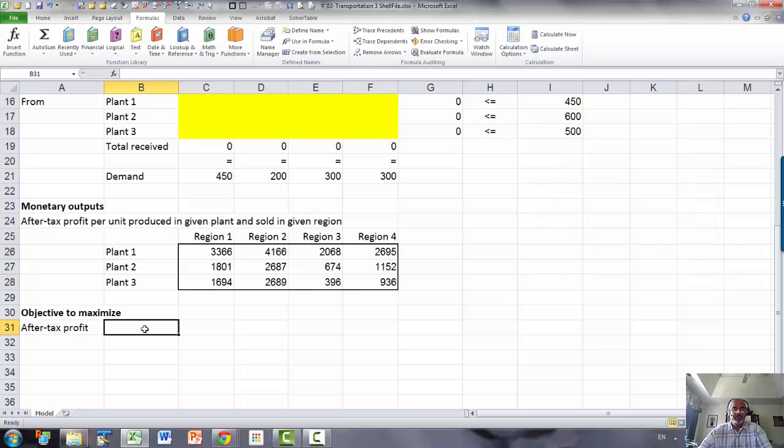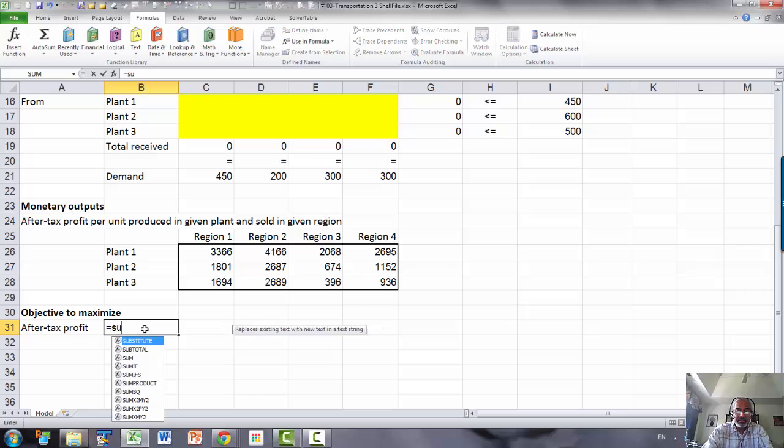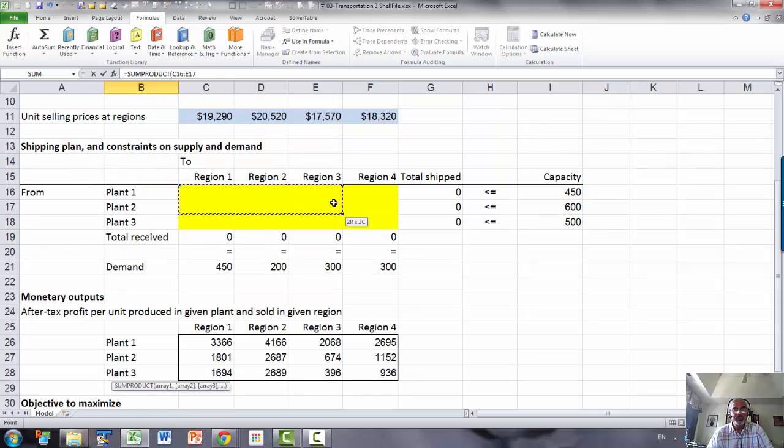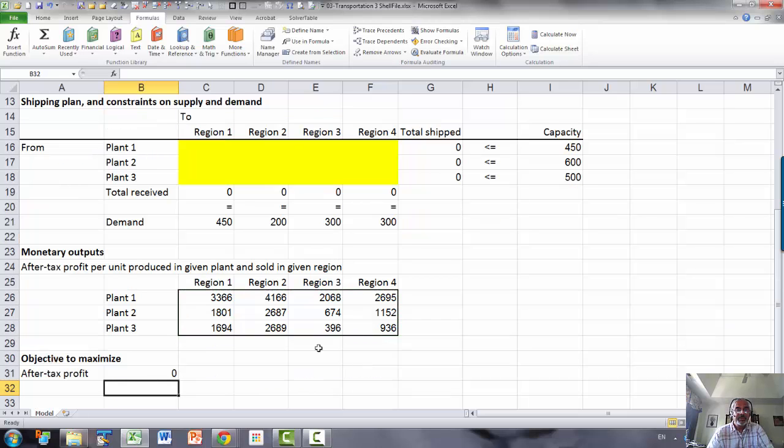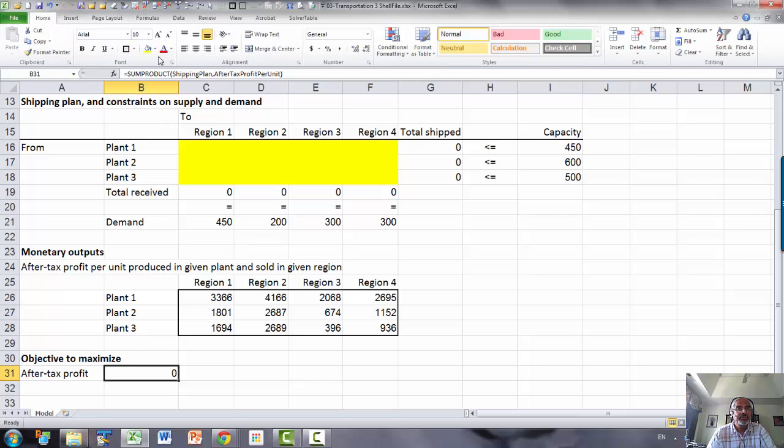Then the total after tax profit is just the sum product of the shipping plan with unit after tax profit. Now that's our objective function to maximize. Okay, let's give names here.